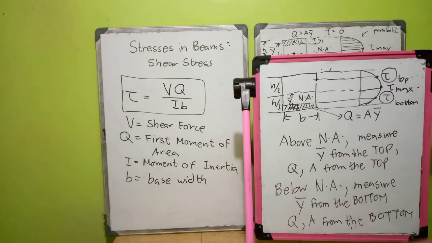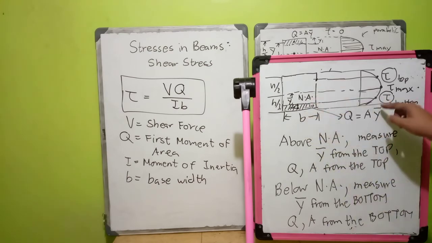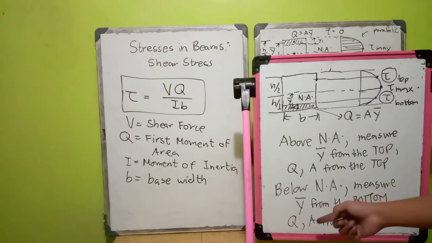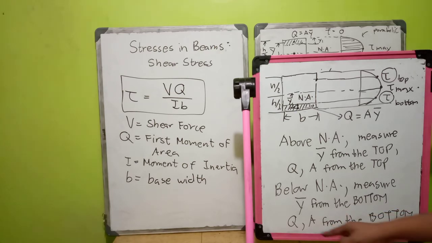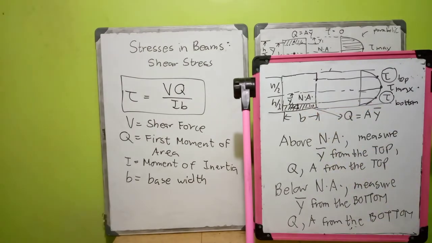And if the location of the point you want to compute the shear stress is located from the bottom, then measure your Y bar from the bottom. And also your Q and your area should be located also at the bottom. So that is how you compute your first moment of area, or your Q.